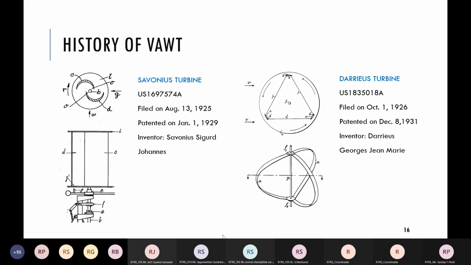The inventor of the Savonius turbine is Sigurd Savonius, so from his name the turbine name was coined. Similarly with the Darrieus turbine, the inventor's name is Georges Jean Marie Darrieus.